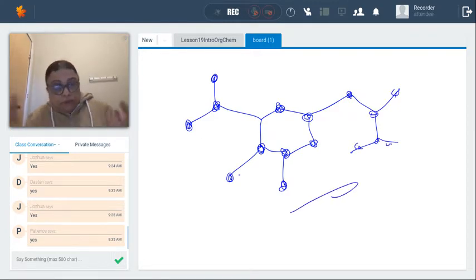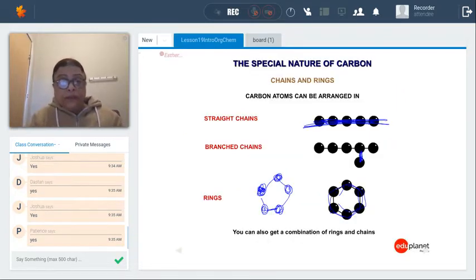All these are possible together. So the fact that you have a ring doesn't mean that you can only have a ring. Or if you have a straight chain, it doesn't mean that you only have a straight chain. You can have a combination of everything. And that, of course, increases the diversity.